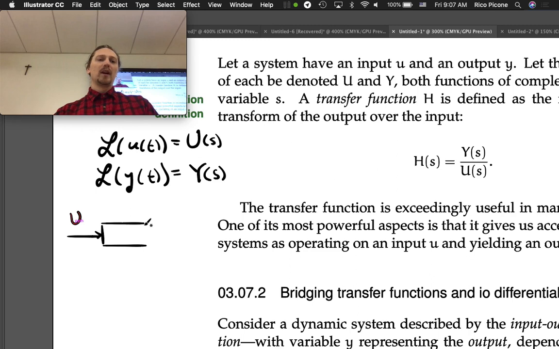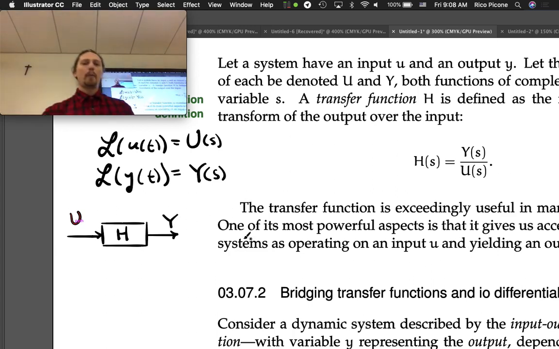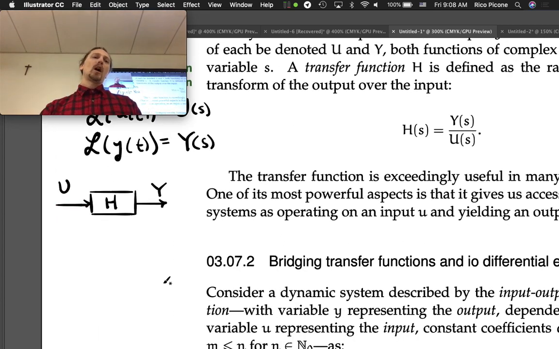We'll talk more about block diagrams later, but U going in, the transfer function operating on the input and yielding an output. That's a very common representation we'll use for a system: input, output, and then the system itself, thinking of it as being a transfer function that transfers the input to the output.